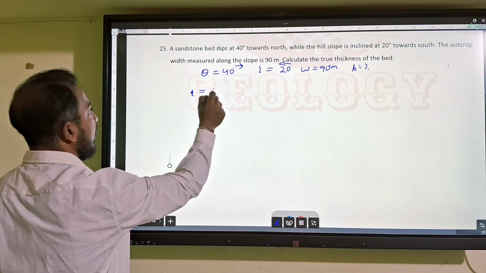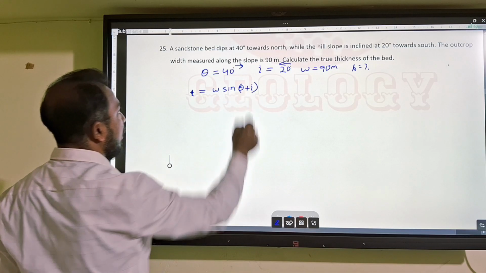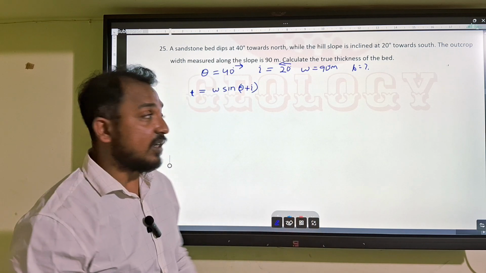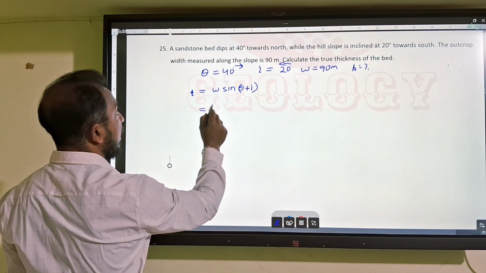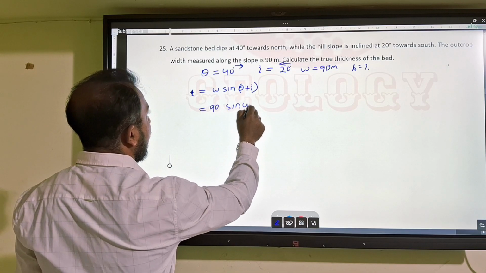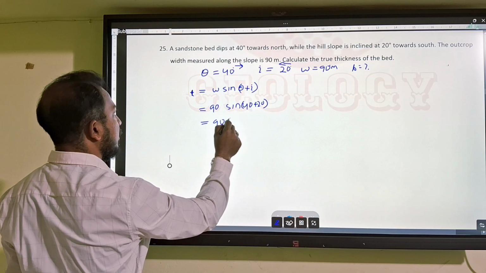So we will take here W sin of theta plus I, because the beds and slope are dipping in opposite directions. So W is given as 90 into sin of theta, 40 plus 20, that is 60.